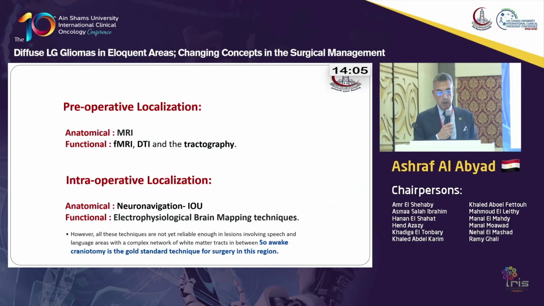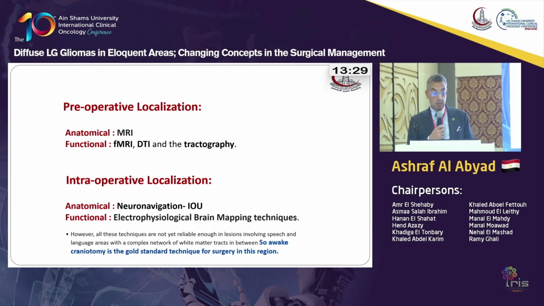So nowadays, there are a large number of techniques that can be used to localize the tumor as well as the eloquent cortex and tracts, either preoperatively by using functional MRI and tractography, or intraoperatively, where anatomical localization can be done by neuronavigation and intraoperative ultrasound, while the functional confirmation can be done by electrophysiological brain mapping technique.